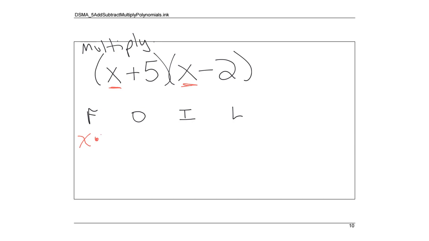So that would be x times x. Then we would have a plus sign. Then we're going to take the outer terms. So the outer terms means that I'm going to take the x here and the -2 here. So x times -2.